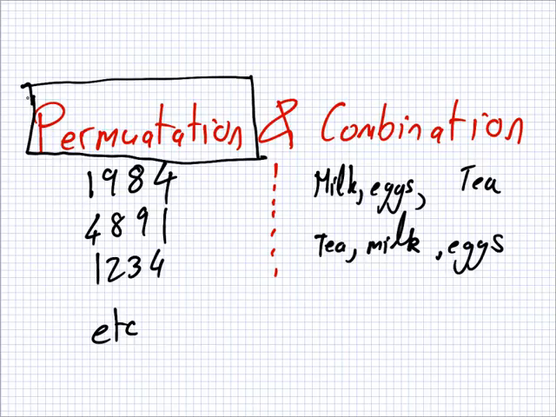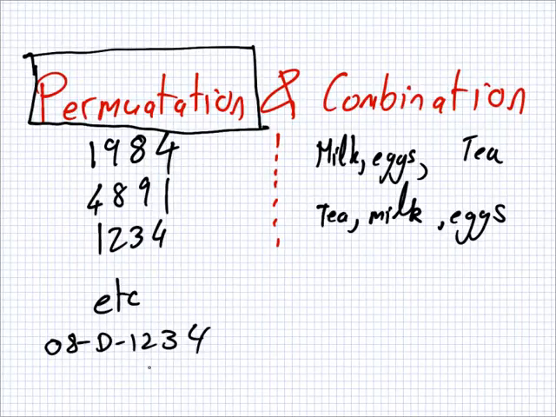No. Oh, the license plate. Yeah. So it's like if your car was something like 08D1234. This is an example of a permutation because that's a different car to 2134. It's different. What else? DB number. Your DB number? Yeah. Your phone number? These are all permutations. Okay.